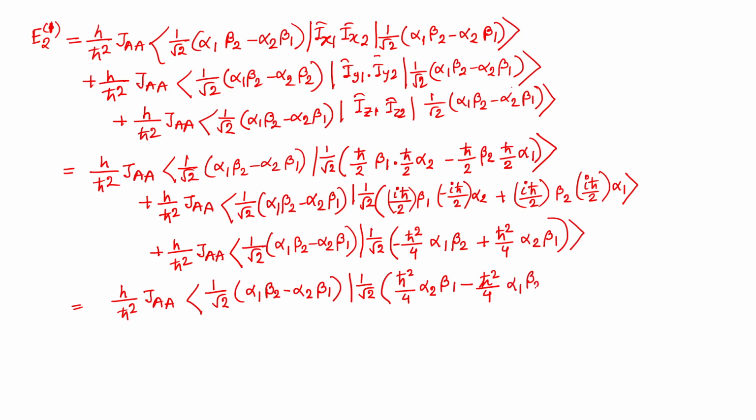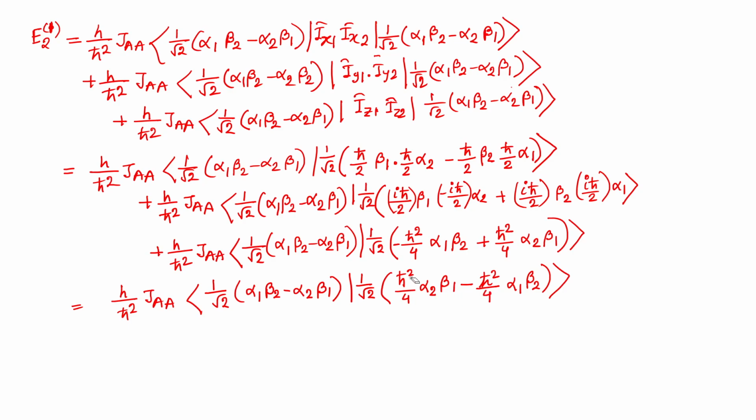Alpha 1. So what I will do, I have to do a step jump here. See, h cut is by 4, I can take a common. I can take minus h cut square by 4 as a common.